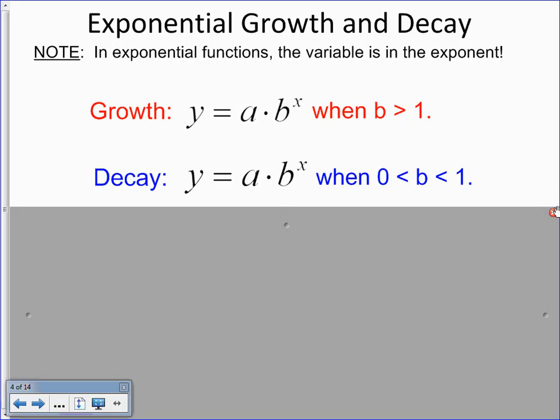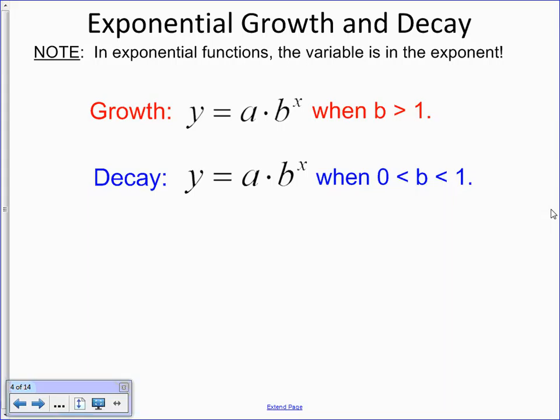Now, what I want you to do really quickly is with your shoulder buddy, have a discussion. What I want you to discuss is the answer to this question. What values is b not allowed to be?